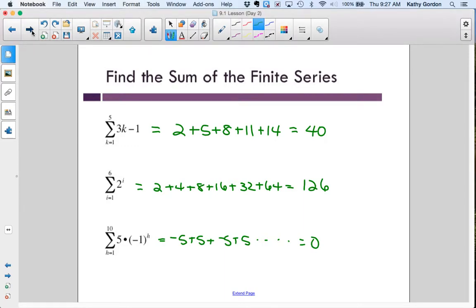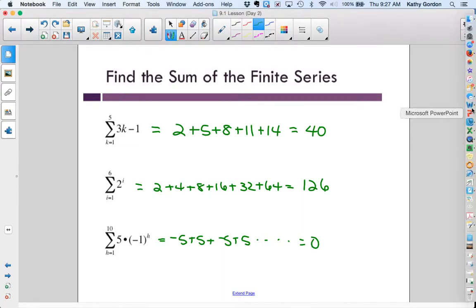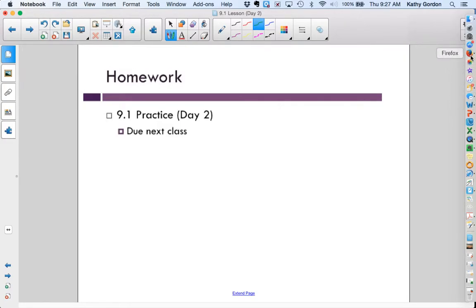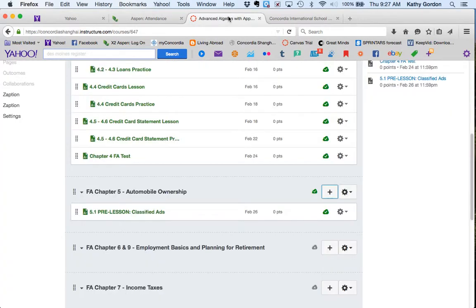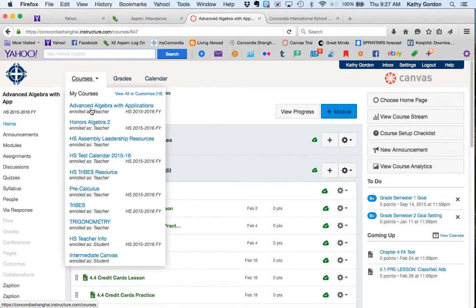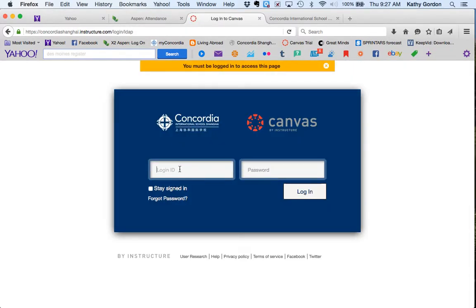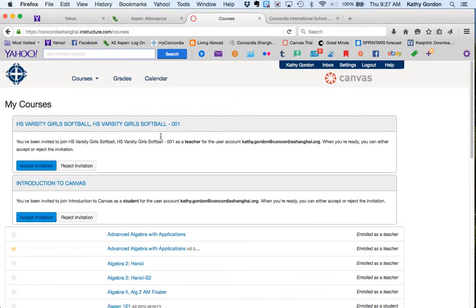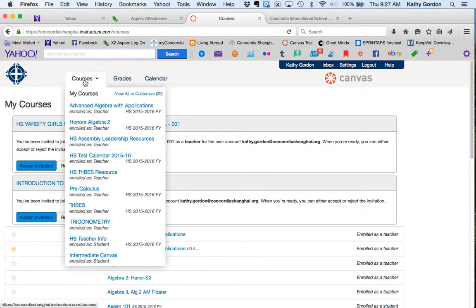So you're going to have the rest of the time to work on homework. But for homework, I don't have the day 2 set up on Canvas yet, so I'm going to show you what the homework is from last year's course real quick so you can get it written down, and then I'll get it set up on Canvas for you. Being out yesterday, I got a little bit behind on that stuff.